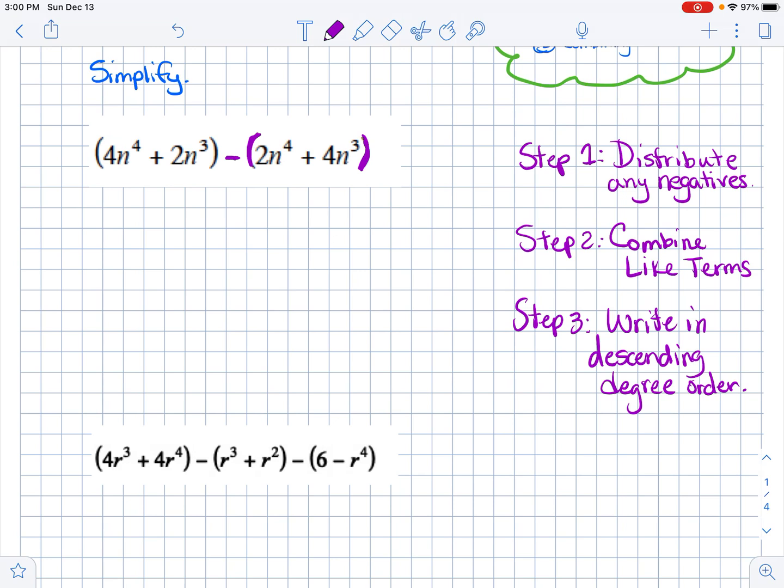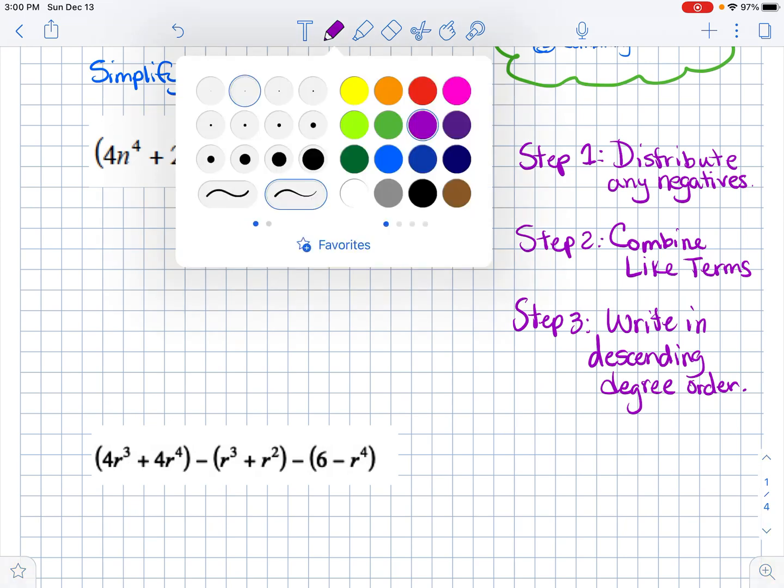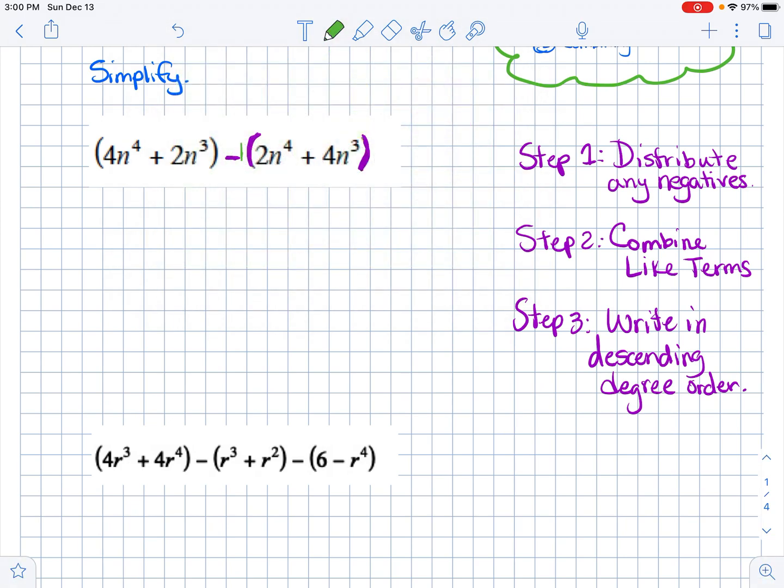And because it's in parentheses, that means we're going to subtract every term inside that expression. In other words, we're going to distribute this -1 through the parentheses. We are going to subtract every term by distributing a -1 to every term. Remember, distribution means multiplication.